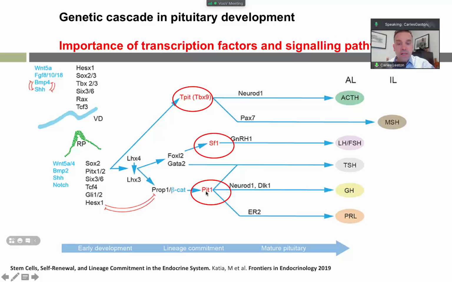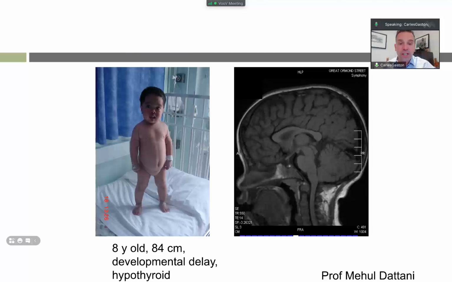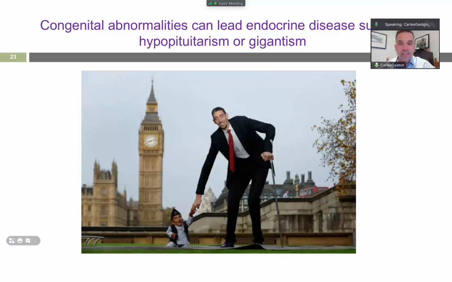That means that PID1 does not produce TSH, growth hormone, and prolactin. So this patient had absence of thyroid stimulating hormone, growth hormone, that's why he is a dwarf, and prolactin. This is just to show you the importance of these genes in human disease.